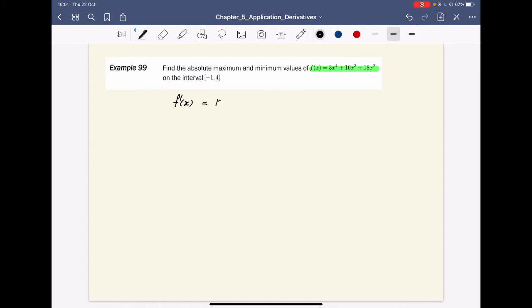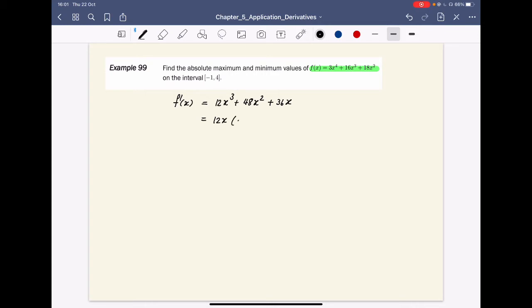So, with the given function that I highlight in green, when I take the first derivative, I get 12x cubed plus 48x squared plus 36x, right? And then I can pull out 12x because we have 12 and x in the polynomial, so we can factor it out.